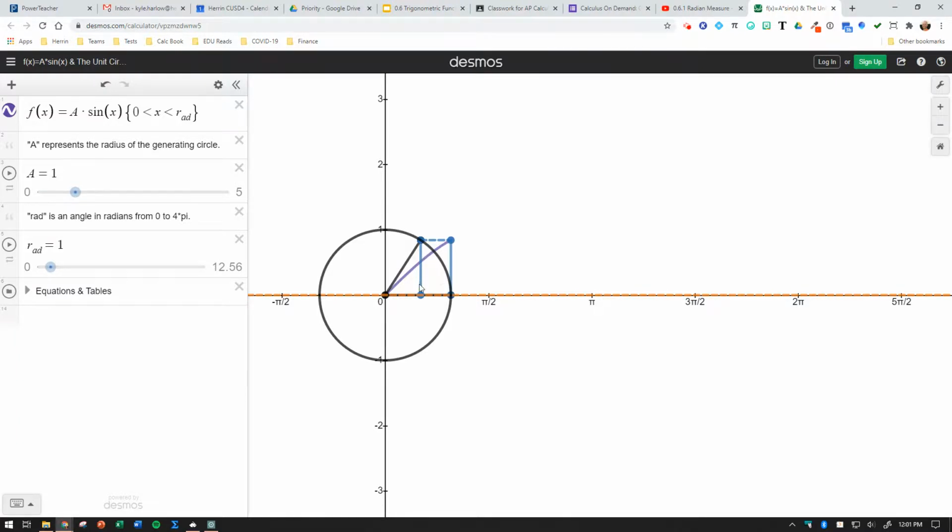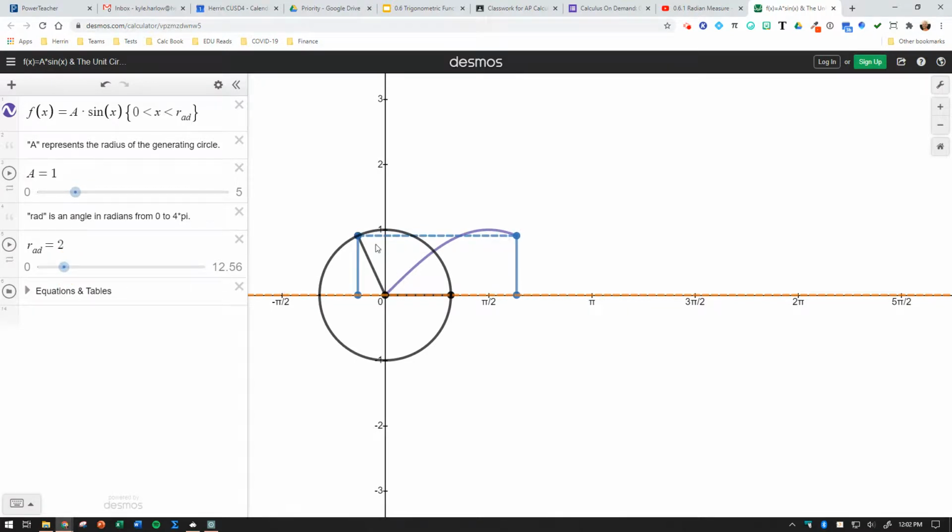But notice that the y values of that purple curve are the exact same as the y values where we have the interior angle in the unit circle. So as we drag along, we'll go to 2. Stop at 2.